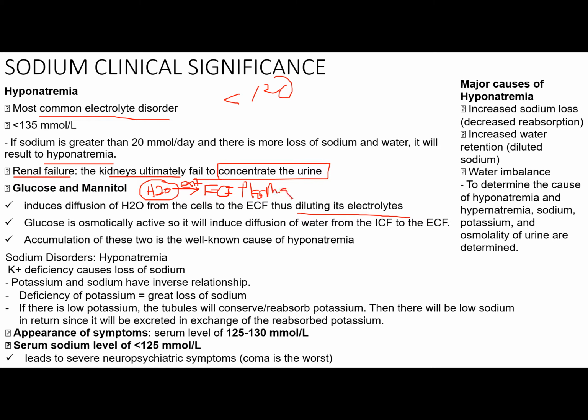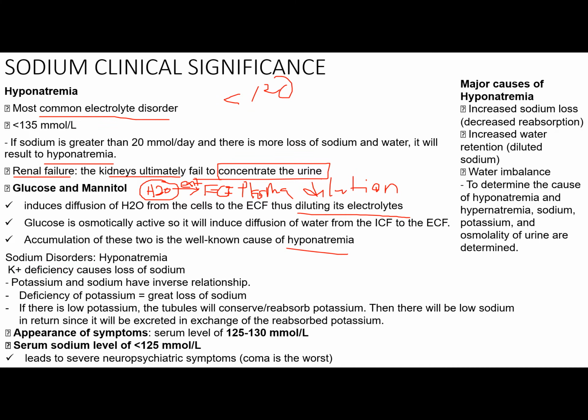Now, because of it entering the plasma or the extracellular fluid, this would cause a dilution. Dadami yung fluid, mababawasan yung ions, leading to hyponatremia. Now, glucose is osmotically active, so it will induce diffusion of water from the intracellular fluid to the ECF. Accumulation of these two is a well-known cause of hyponatremia.